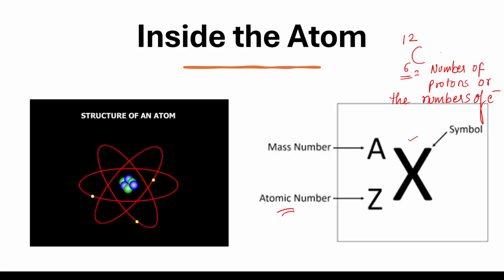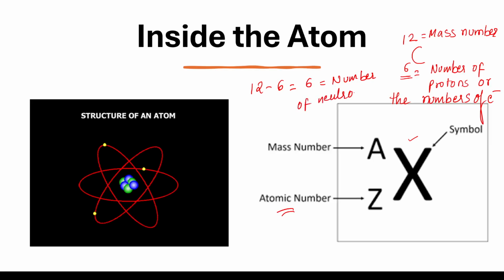Sometimes in the exams they would ask you what's the number of neutrons, what's the number of protons. The smaller number directly gives you the number of protons or electrons, and to get the number of neutrons, just take away the smaller from the bigger, and that's it. That's your first thing.